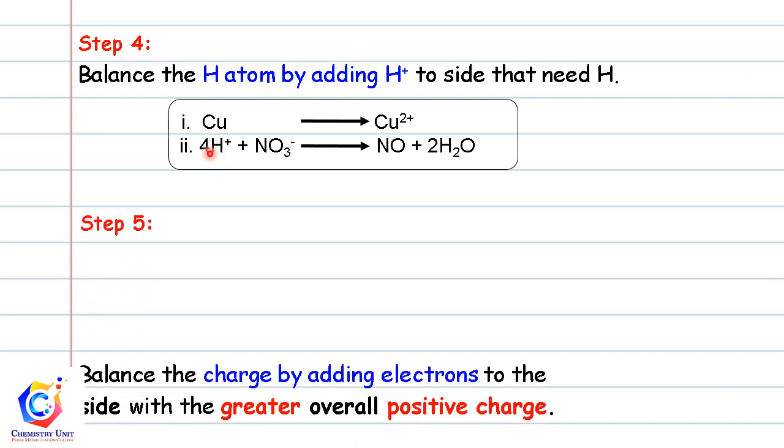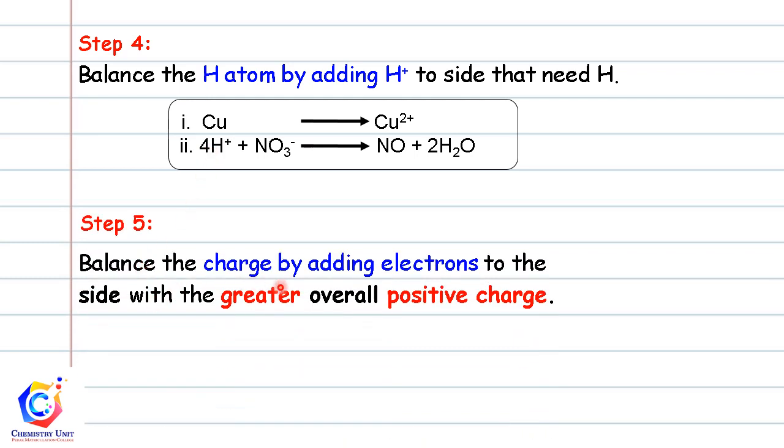Okay, step number 5. Now we need to balance the charge by adding electrons to the side with the greater overall positive charge. For the first equation, the overall charge is 0 on one side and positive 2 on the other, so we need to add 2 electrons to make both sides equal. For the second equation, we need to check one by one.